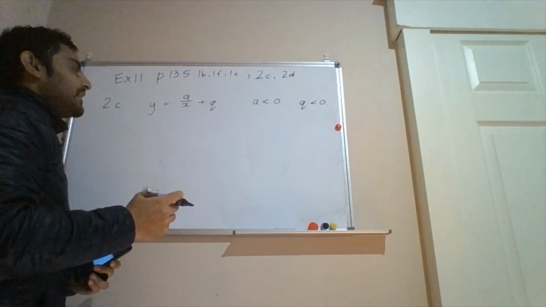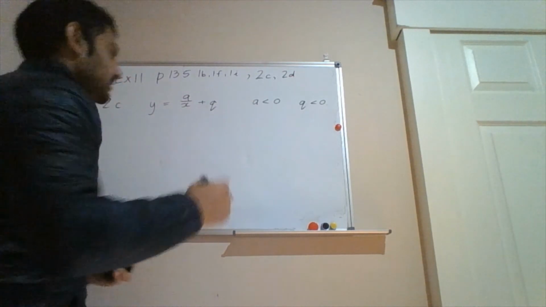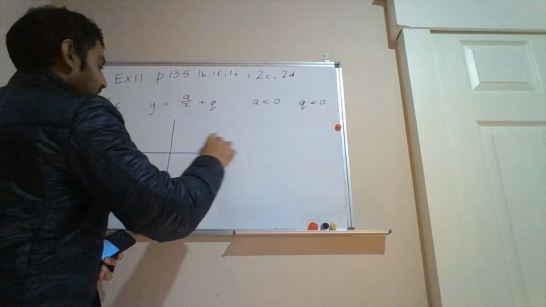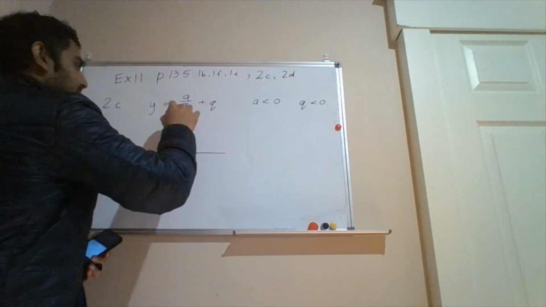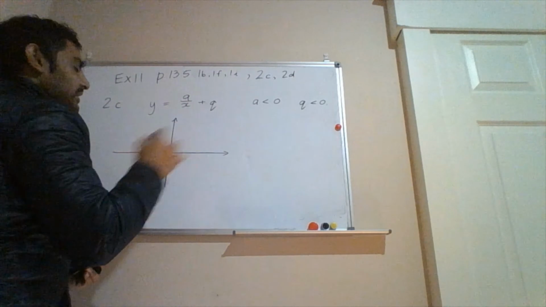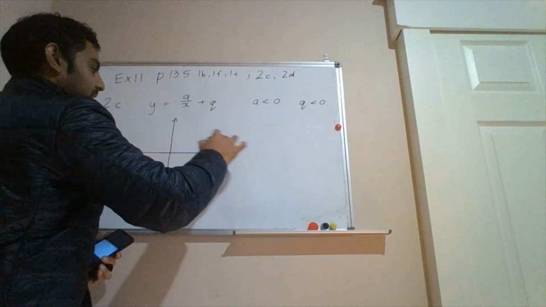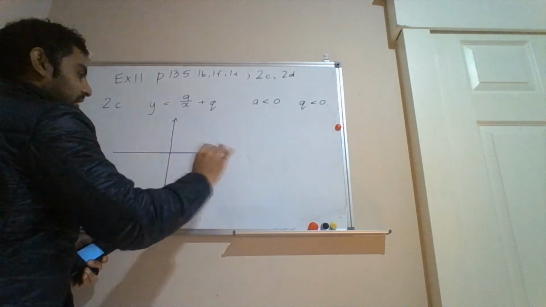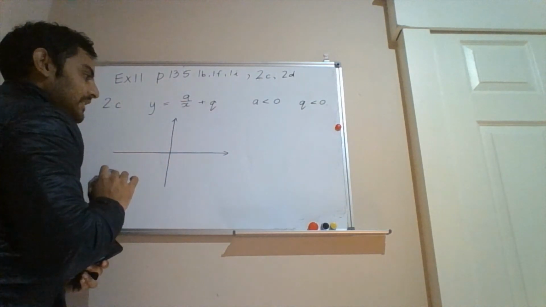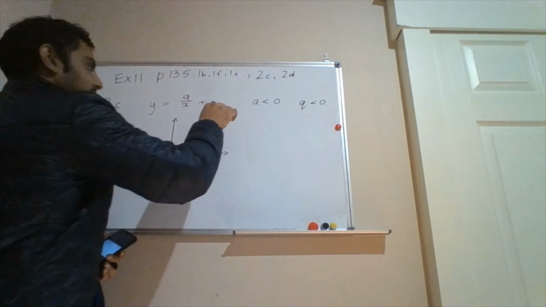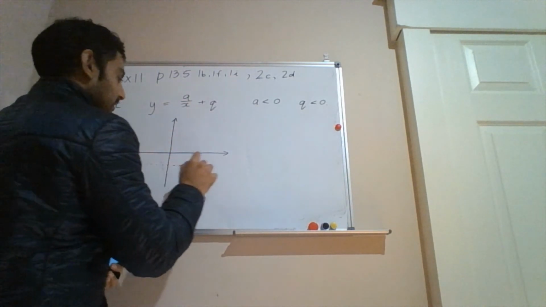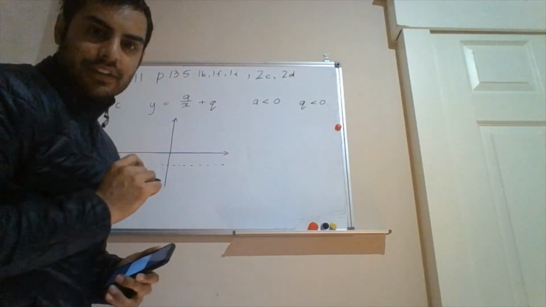It tells us our horizontal asymptote. So if I plot the xy axes, then in our standard graph, which goes like this, our horizontal asymptote is the x-axis. With q being negative, our horizontal asymptote lies somewhere below that.